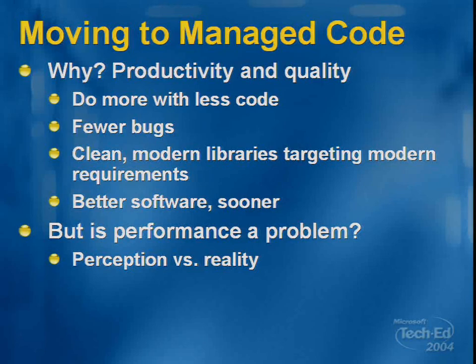Because we have this CLR, this managed execution environment, it's protecting me from some kinds of bugs that I used to get in native code, like stack overwriting or heap corruption. So I don't have to come in at 3 a.m. to figure out what's going on with some heap corruption issue. The managed code platform also comes with the .NET Framework class libraries, and by the time we get to Windows Longhorn, the new WinFX class libraries.